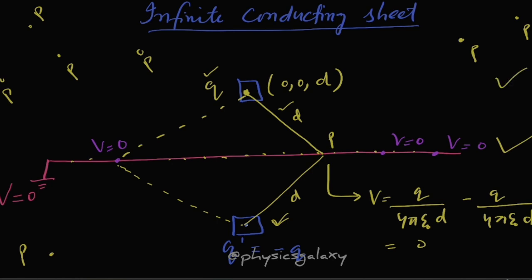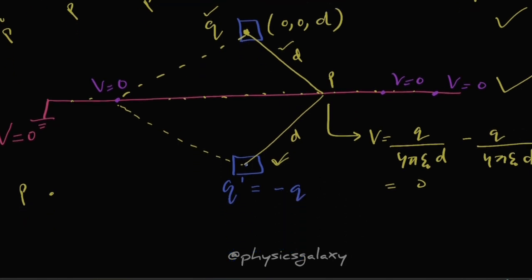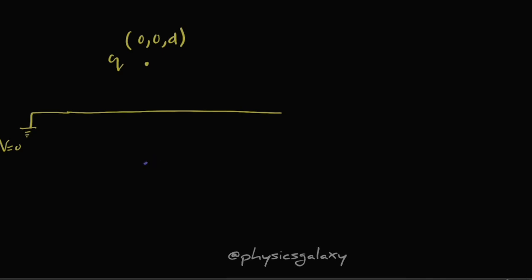Right. Now let's solve this example in detail. I have this infinite conducting sheet whose potential V equals 0. I have my charge q at (0, 0, d), and my imaginary charge is q dash, which equals minus q, at (0, 0, minus d).